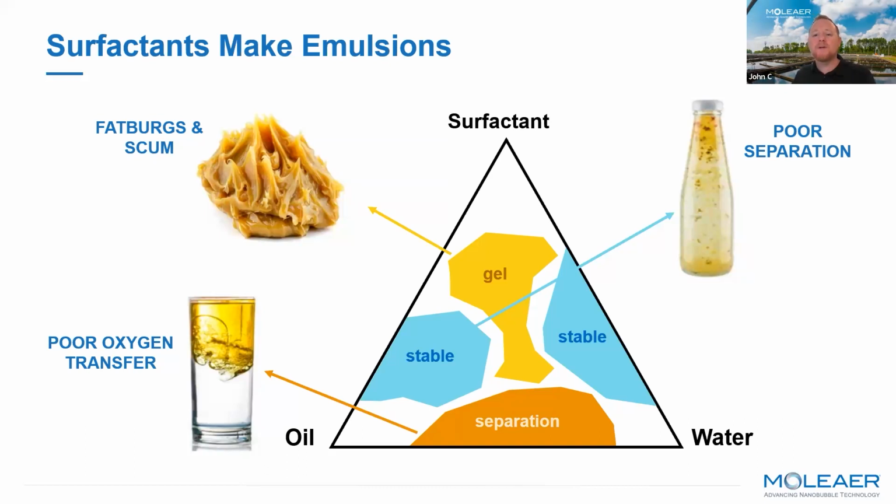But what's most common to what's coming into our wastewater treatment plant is what we see on the right-hand side. This is a more stable emulsion of oil, surfactant, and water. You can see there's a little bit more at the top, but in general, everything's being held in this stable emulsion, and it leads to poor separation in our wastewater treatment plants.